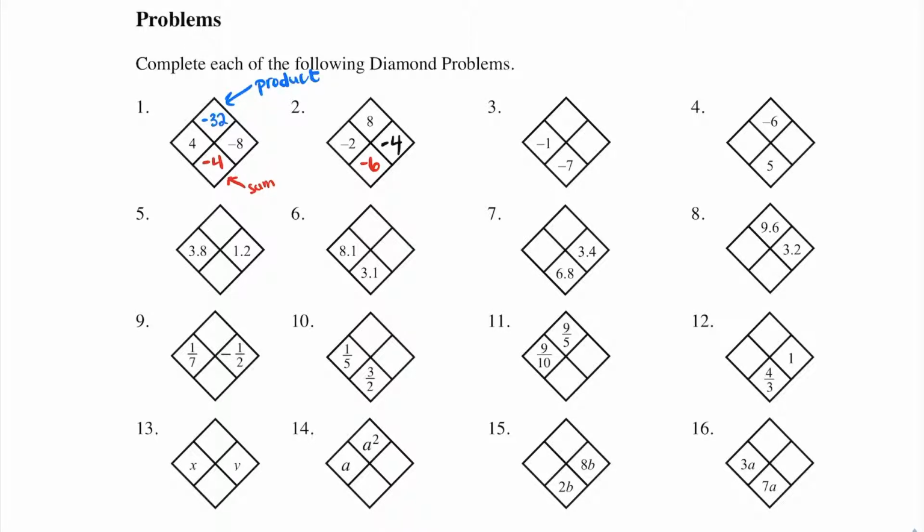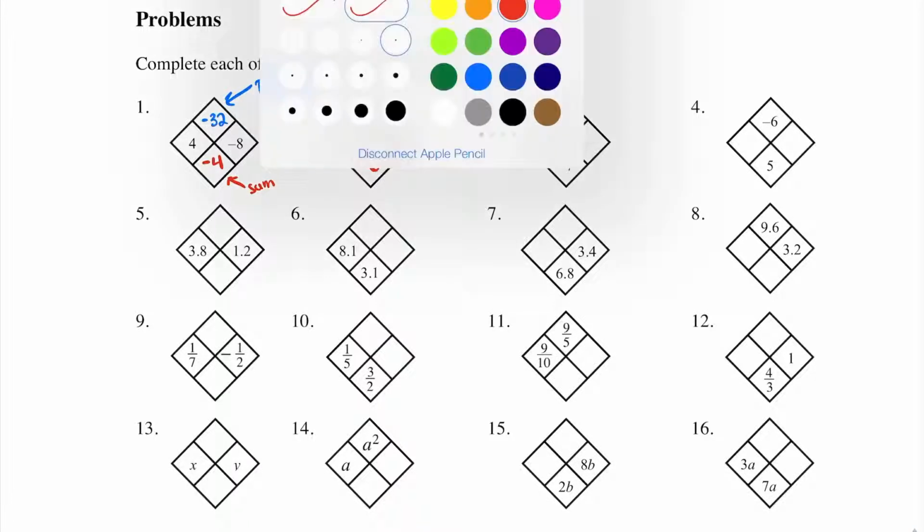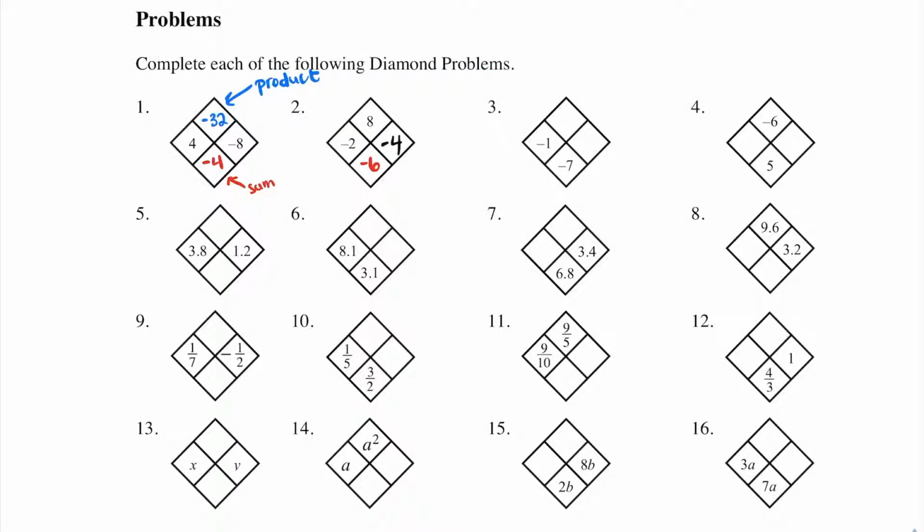We're on our way. For number 3, they give me a sum of negative 7 and a factor of negative 1. I'm missing the other factor. I'm calling them factors because we multiply them, and factors are typically what we call those two things we multiply. Let's figure out what I can add to negative 1 to get negative 7. If I write a quick equation, negative 1 plus some unknown number x equals negative 7.